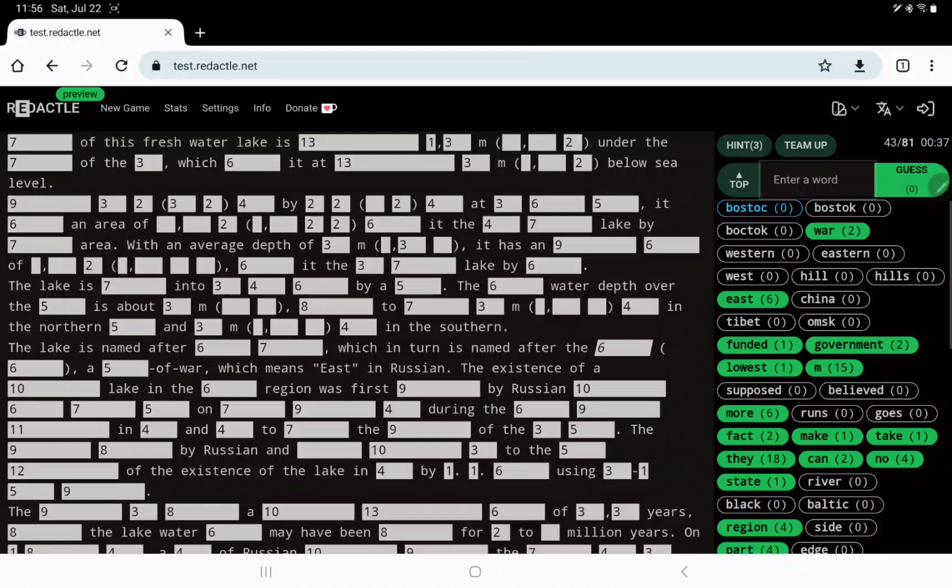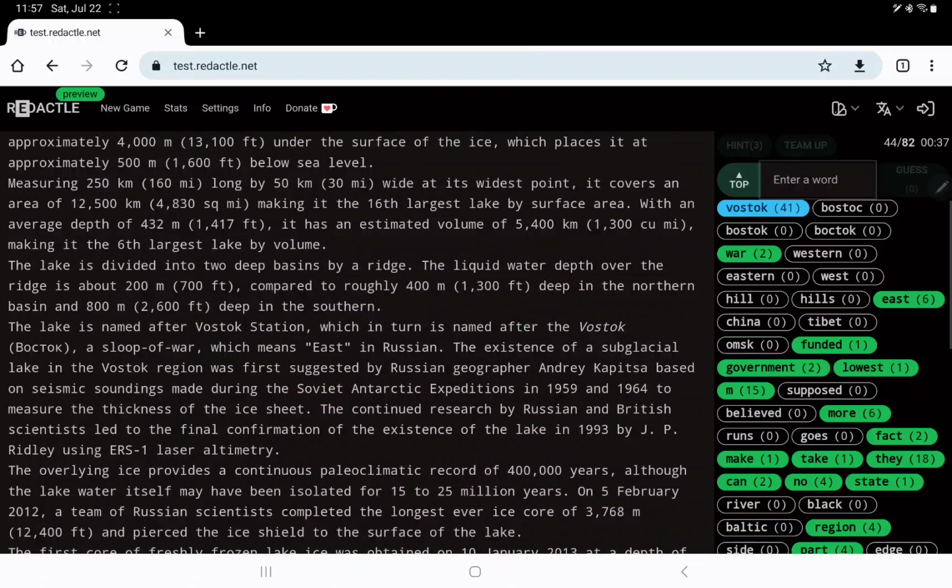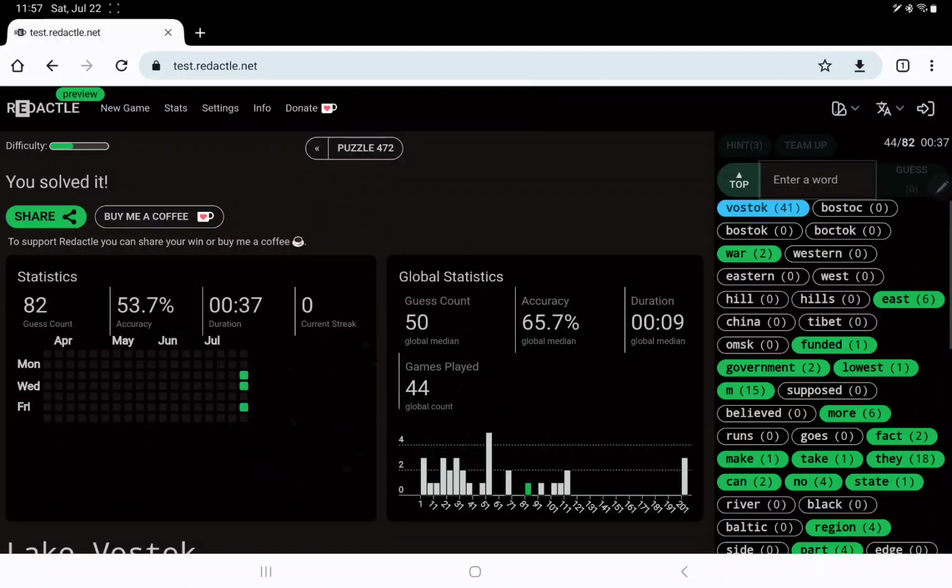All right, so maybe I imagine that. Oh, okay, but B, of course, in Cyrillic is not a B in English, is it? Is that a V? Vostok? There we go. So even with looking up the Russian word for east, it took me a while to get that one.